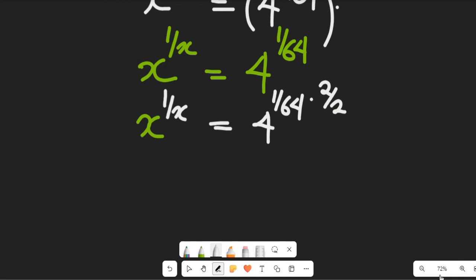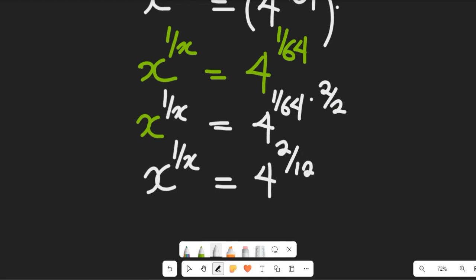Now the next thing I need to do from here is to reduce this expression. From this expression, I can have my x to the power of 1 divided by x equal to 4 to the power of 2 divided by 64 times 2, which is 128, right?